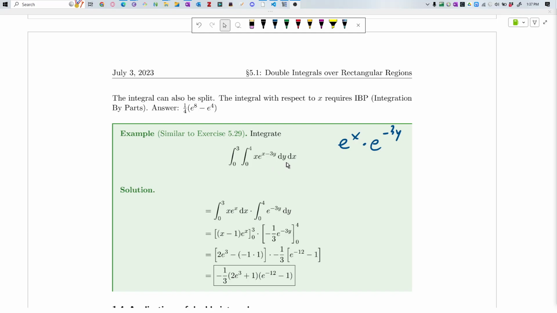Notice how I'm doing this, though. The bounds for x are coming from the bounds for x. Notice that this dx at the end matches up with this integral. I know that this is a mistake that students that first encounter this subject kind of mess up.